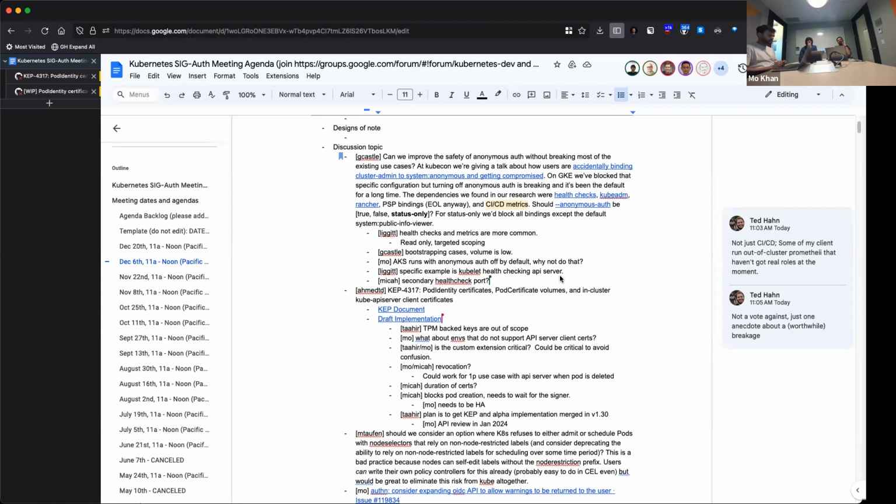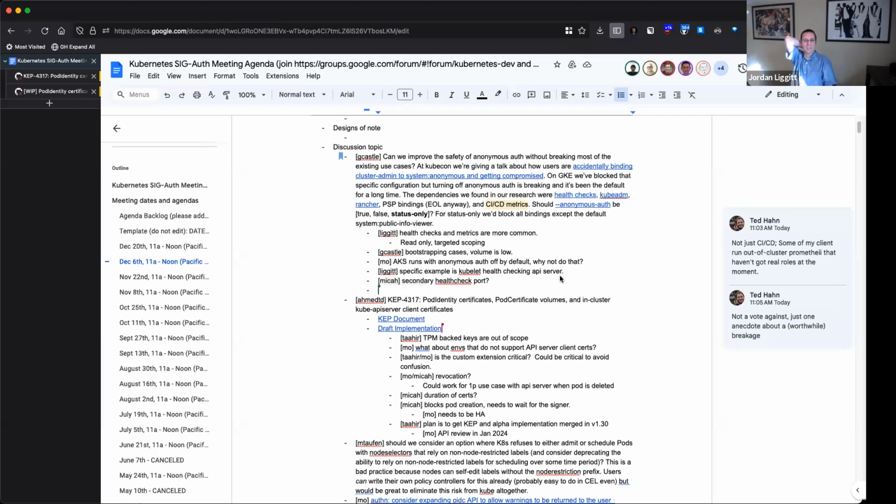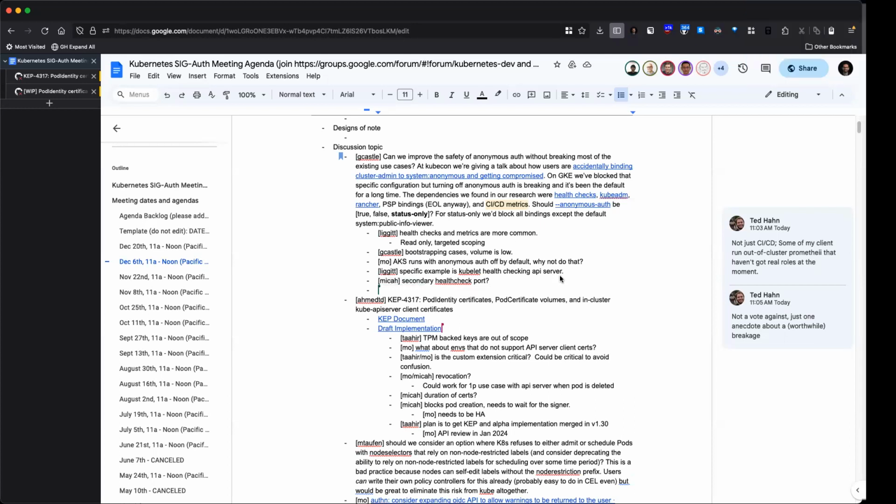So are you imagining something that's configurable, or are you imagining like the project says you get health and metrics? That's what you get. I'm imagining so today anonymous auth is a Boolean flag, true, false, defaults to true today. I'm imagining a true, false, or this third thing. But what does the third thing take?